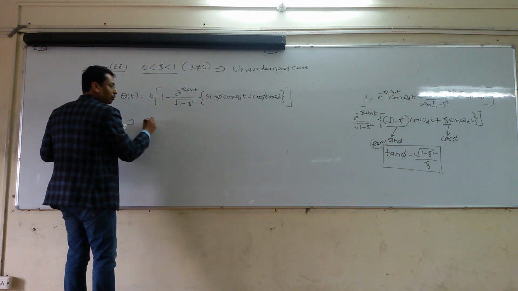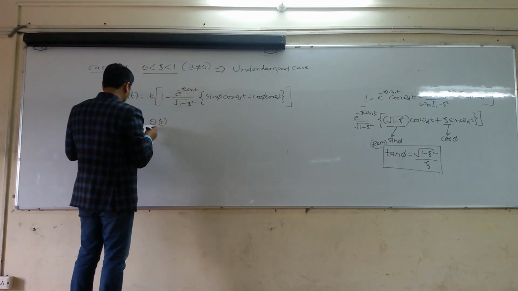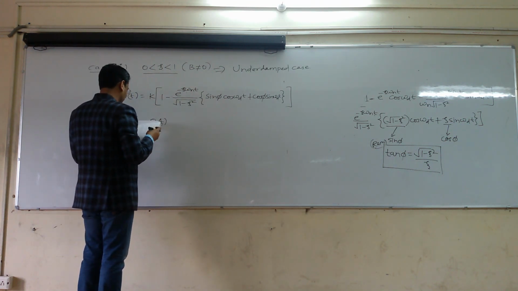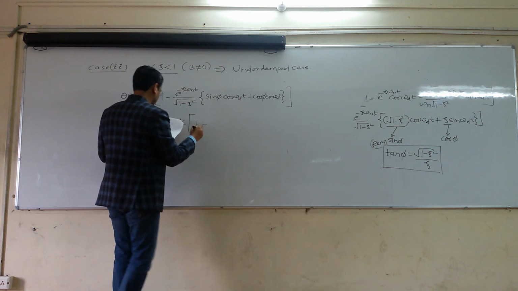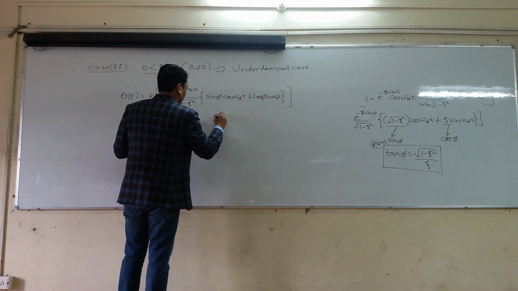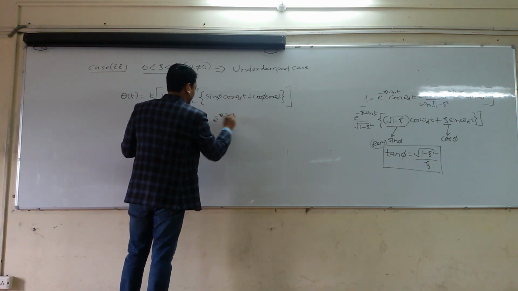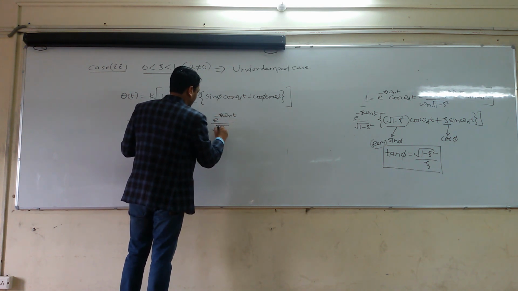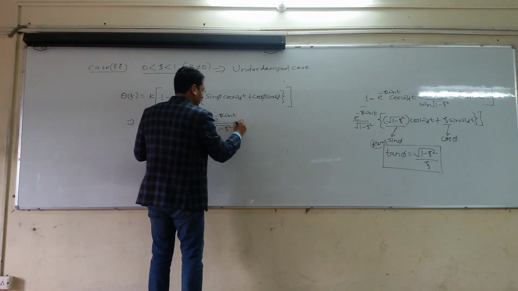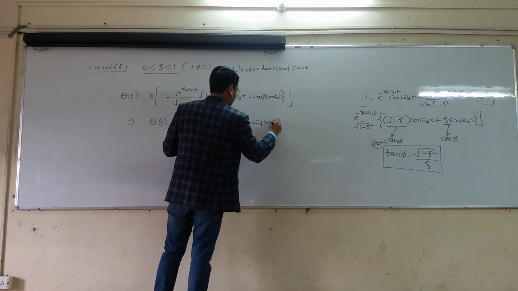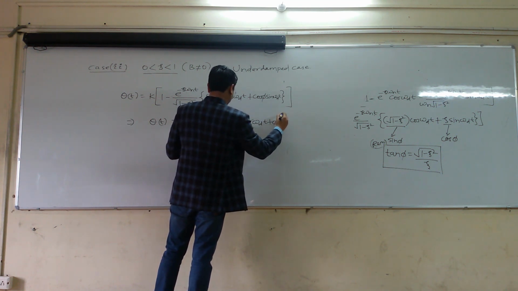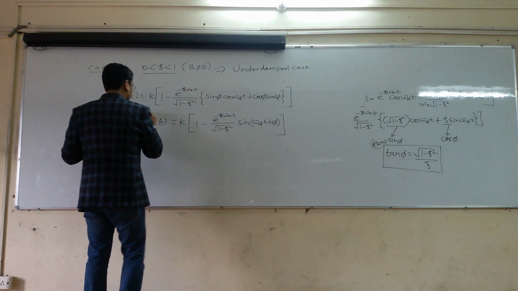So finally you will get theta t equal to k multiplied by 1 minus e to the power minus zeta omega n t divided by root under 1 minus zeta square, sin (omega d t plus phi). Correct?